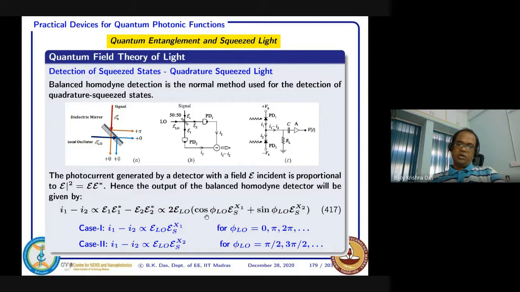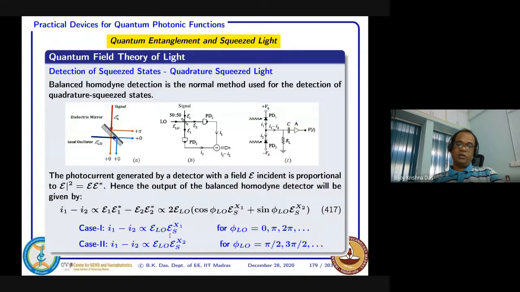So since it is a cos phi LO and sin phi LO, if you set phi LO maybe 0 or pi or 2 pi, then what happens? This first part will be existing and the second part will be 0. So in this way, whatever you get in the output will be proportional to the local oscillator amplitude as well as the x1 quadrature.